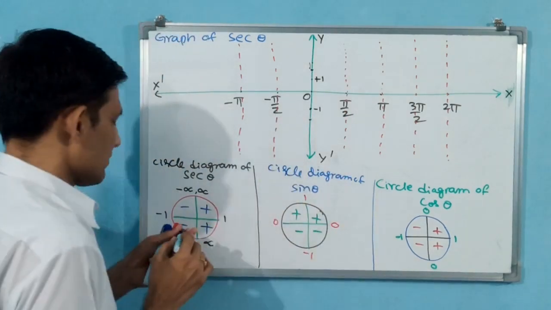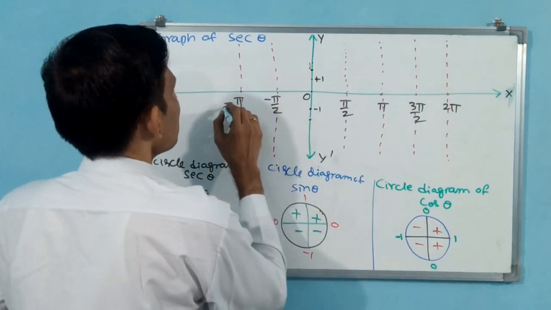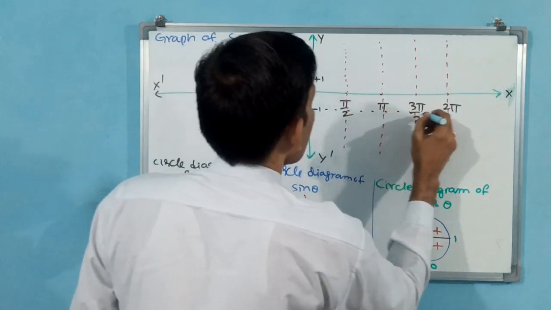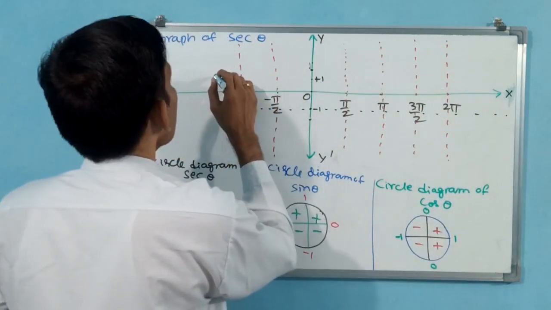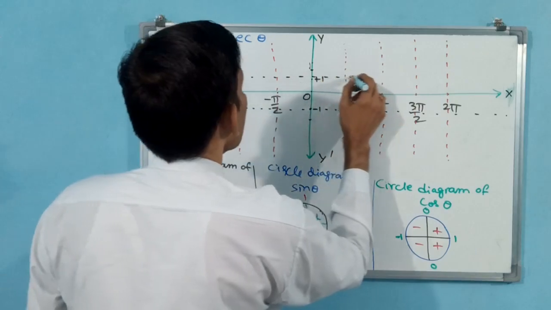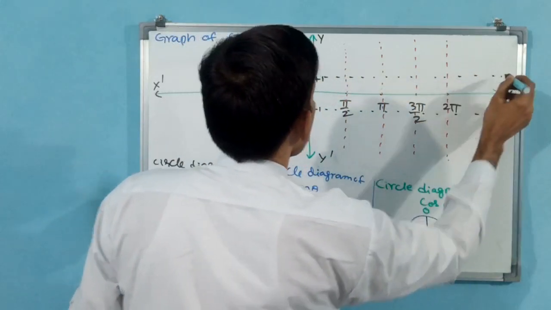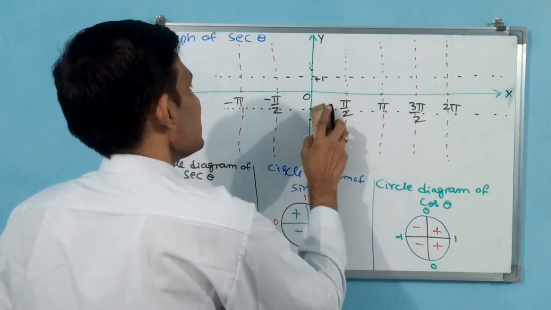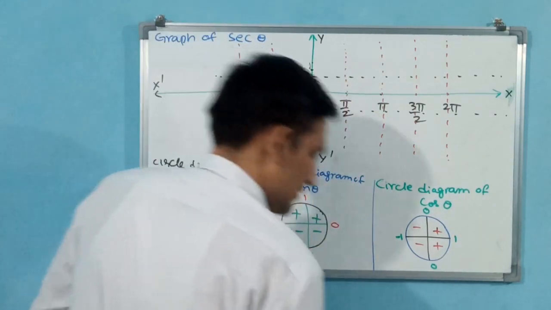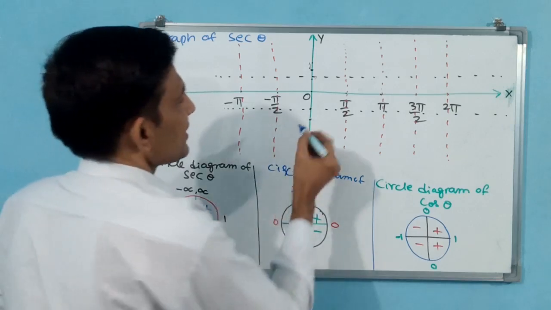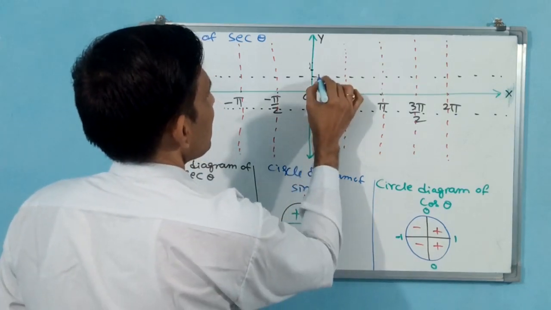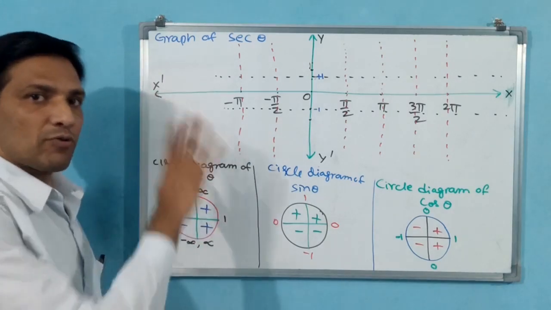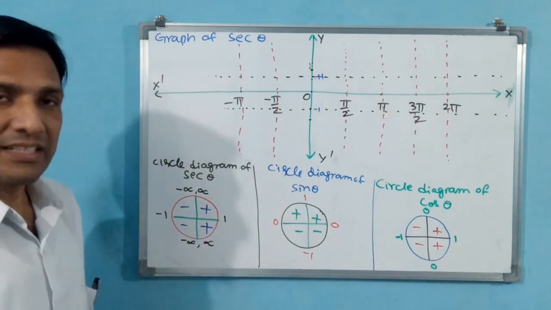You draw some dotted lines. These both are for plus 1 and minus 1, horizontal dotted lines. Why? Plus 1, minus 1 are there. We have to see from that line.